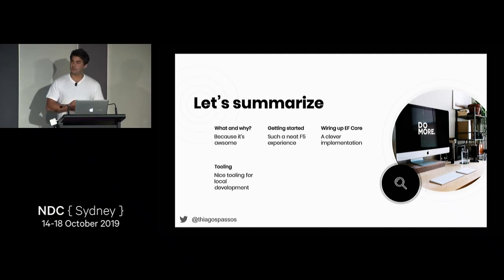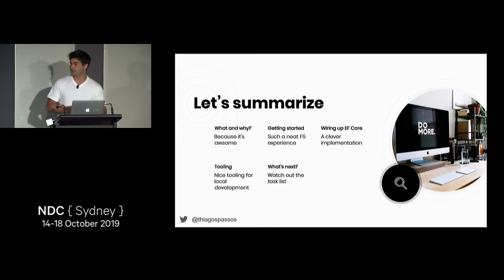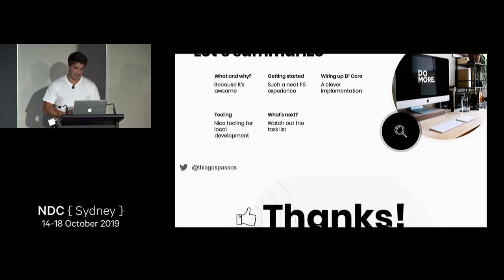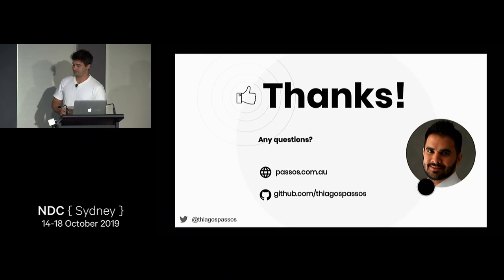I also shared some of the tooling that you're going to be able to use locally, so you can develop your application and only then start paying for the Cosmos instance. And what's next? Well, you should watch the to-do list, but in fact, you can start using the NuGet package right now to wire up your EF Core to Cosmos DB. And that's it. Thank you very much.